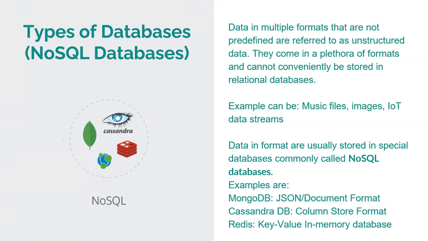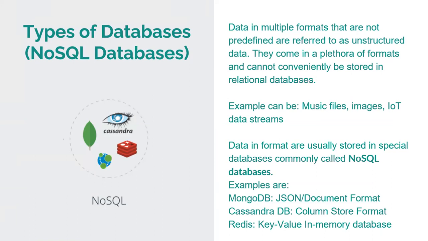An example of that is MongoDB. MongoDB is very useful in saving documents or JSON format. MongoDB, CouchDB. Then Cassandra is used to save data in columnar format.